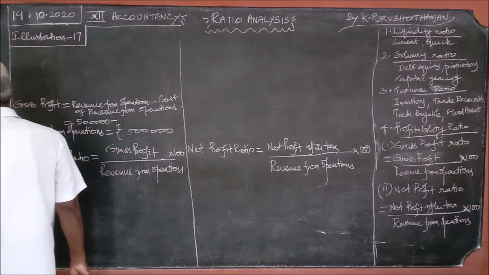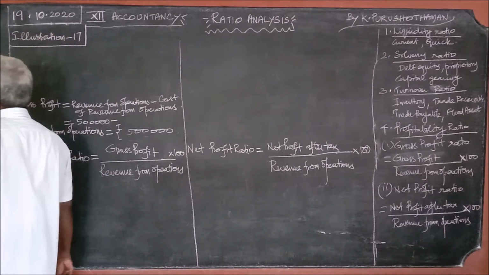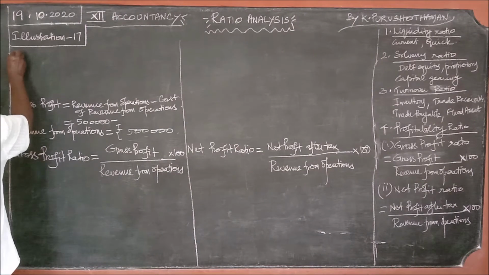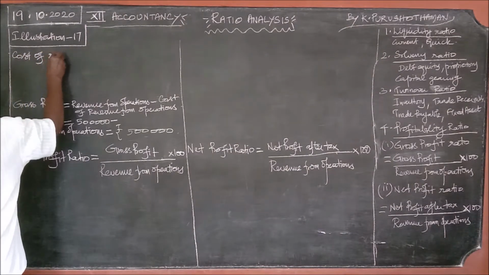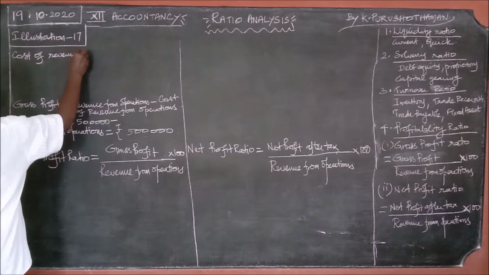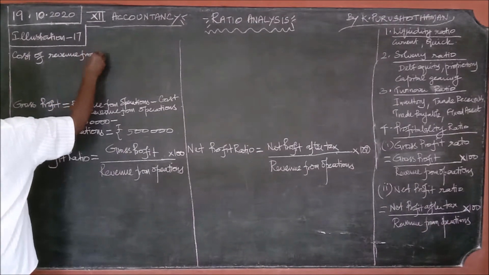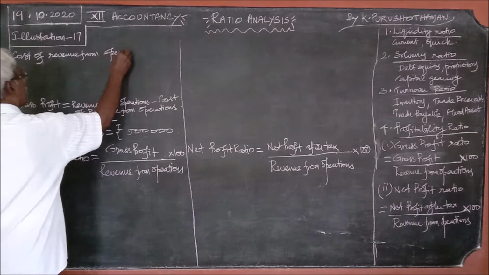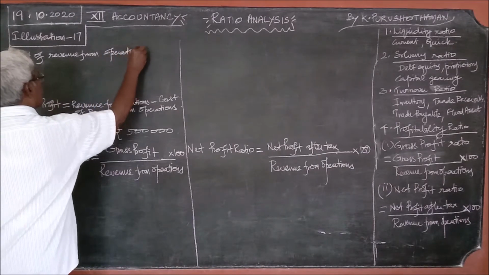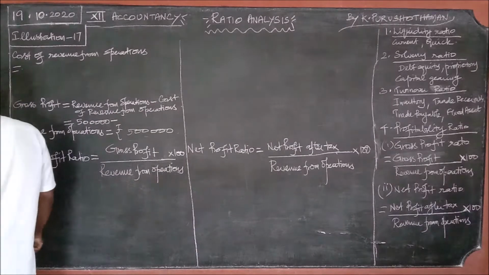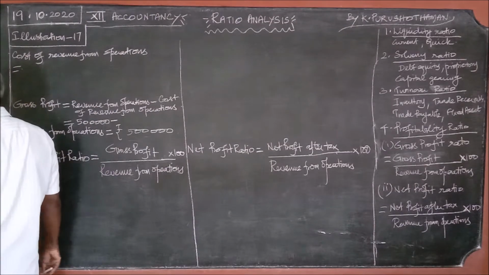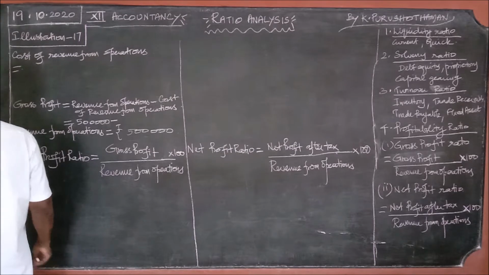Now, we should find the cost of revenue from operations. How to find the cost of revenue from operations? Cost of revenue from operations is equal to, we should add 2 items. What are the 2 items?